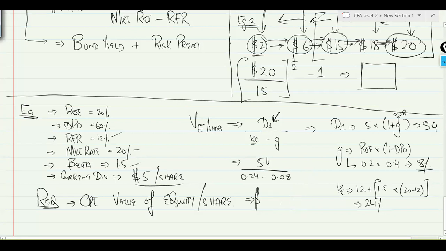So the answer would then be 0.24 minus 0.08, which is 0.16. 5.4 divided by 0.16 is 33.75.